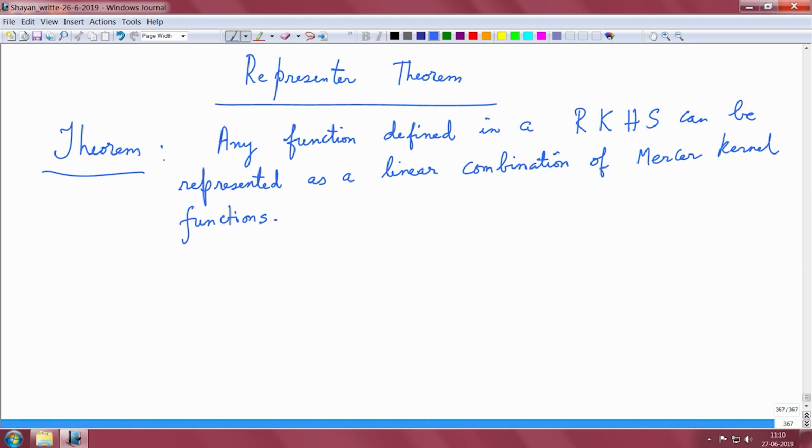So, here is a sketch of the proof. We define a space which is the reproducing kernel Hilbert space induced by a Mercer kernel, and given any real valued function, we decompose this function into two parts, one function that lies in the span of this kernel and the other which is basically in the orthogonal complement.